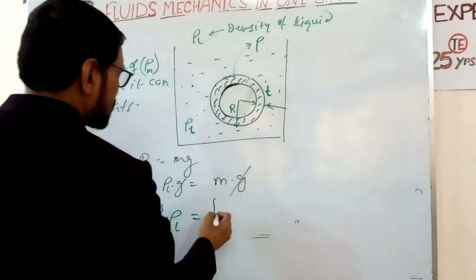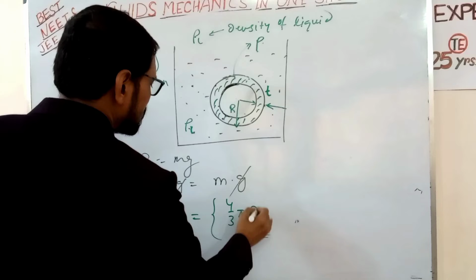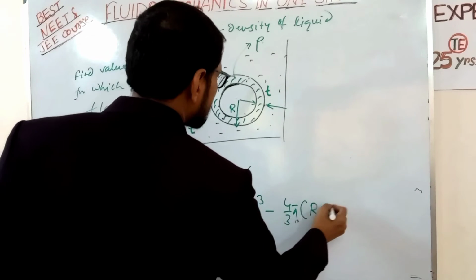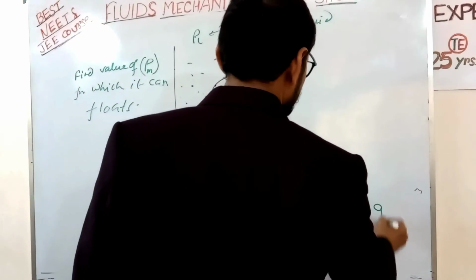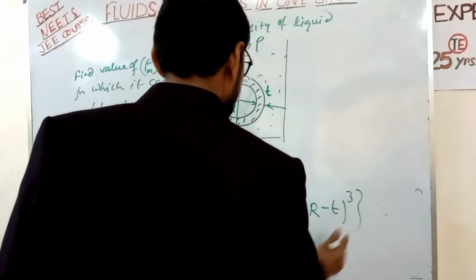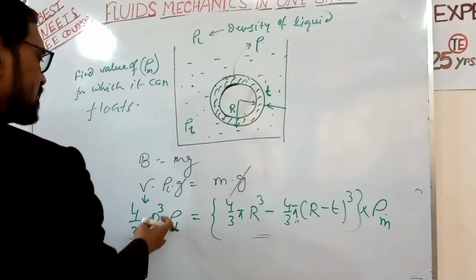Mass equals the volume of this part, 4/3 pi r cube minus 4/3 pi (r minus t) whole cube, into g, g cancels, into the density of the material rho m. So rho m equals this by this.